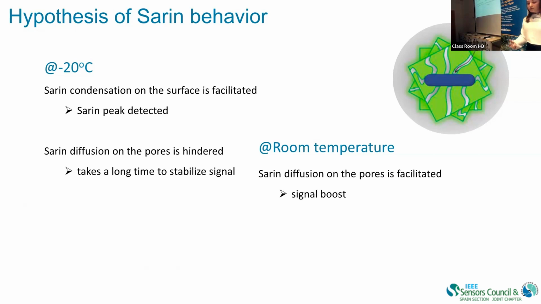So that's why we have these enhancement signals for a short period. And we are considering that SERSing stability is not so high on the surface and in the pores. So that's why we no longer see the SERSing signal after a while at room temperature, but we are still not sure about this. We are investigating to understand a bit better.